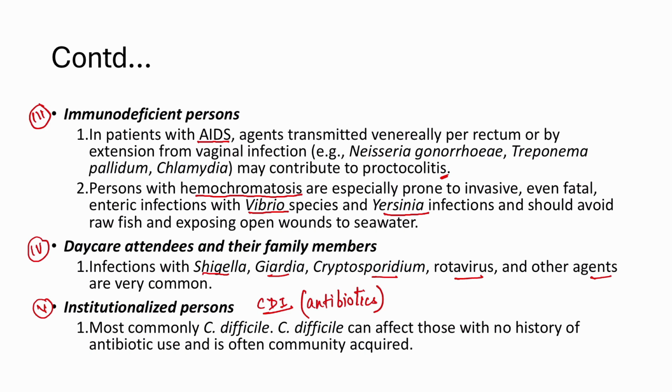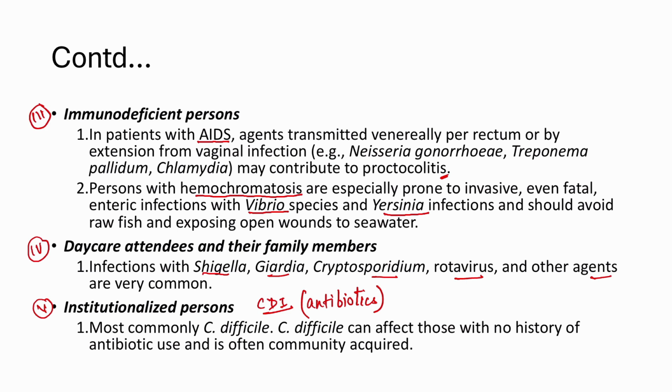Clostridium difficile is normally found in the human gut, but when we use antibiotics vaguely without cultures, or when there is no need of antibiotics, or excessive antibiotics, the normal bacteria get eradicated and Clostridium difficile grows more, and this leads to Clostridium difficile infection.